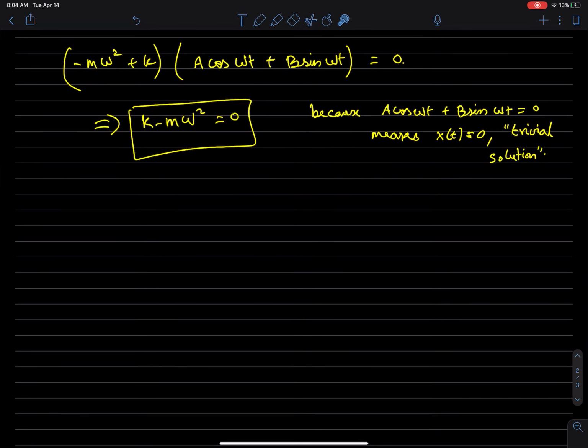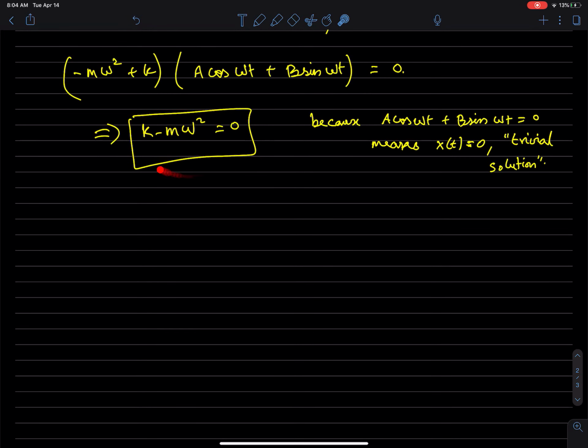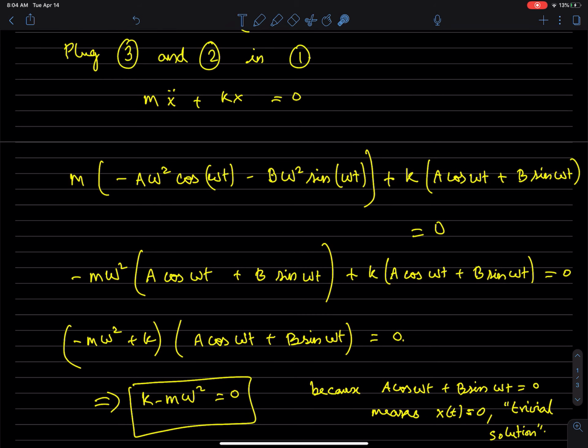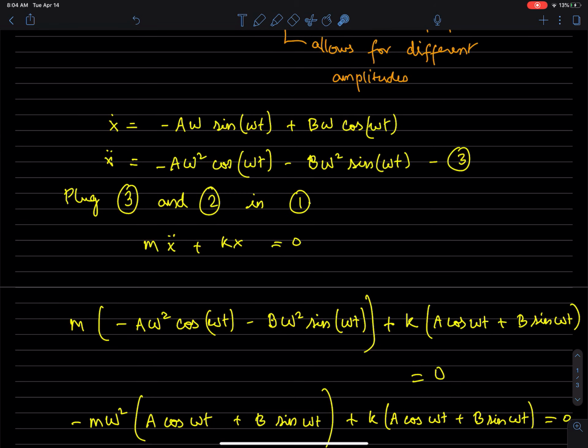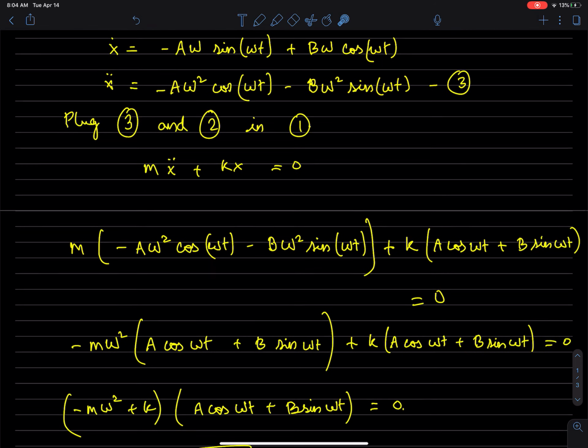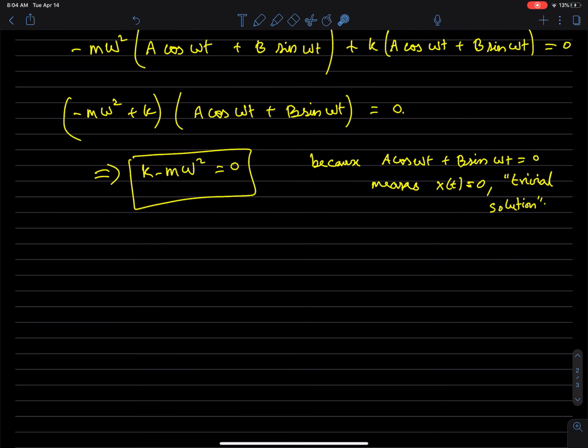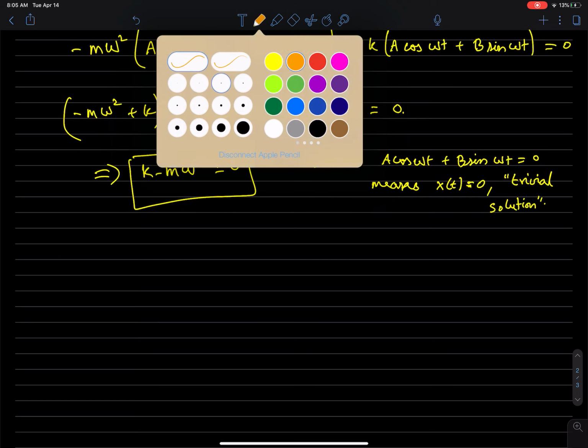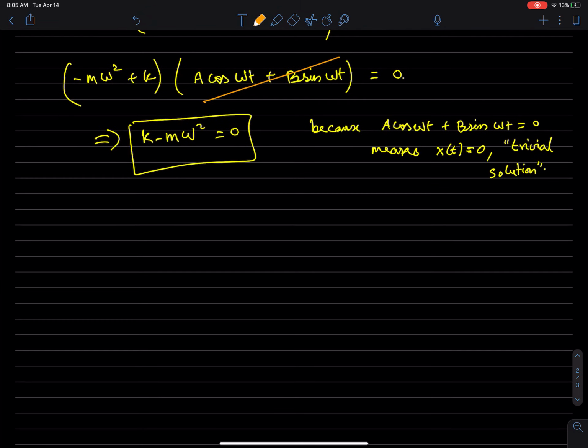In any case, this is the equation that we have when we plug this expression for x into the differential equation. We plugged it in, we simplified, we are essentially canceling this term, and what we have is this quantity.